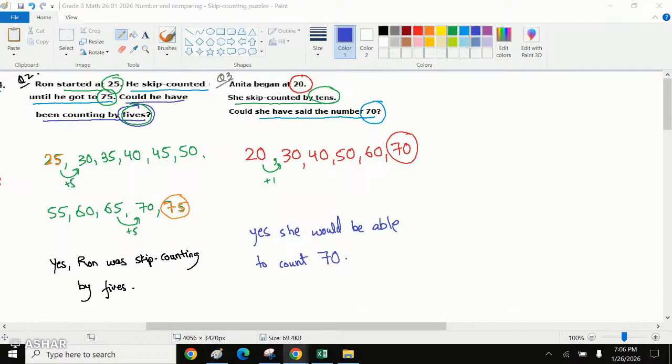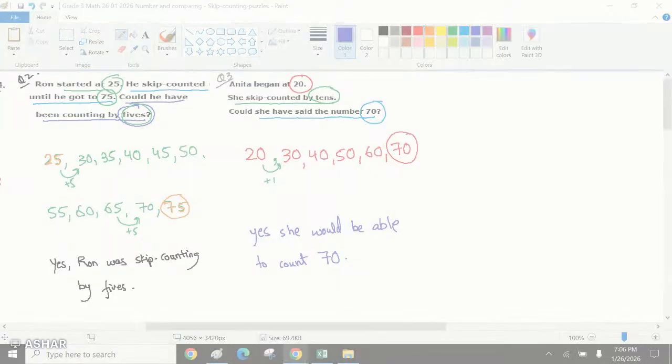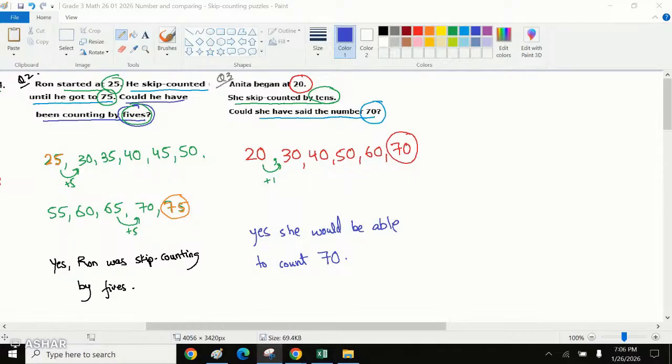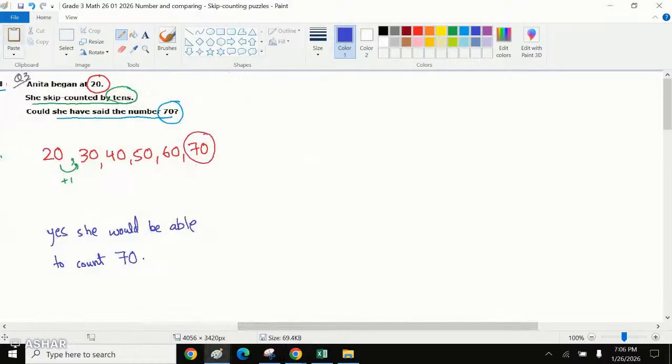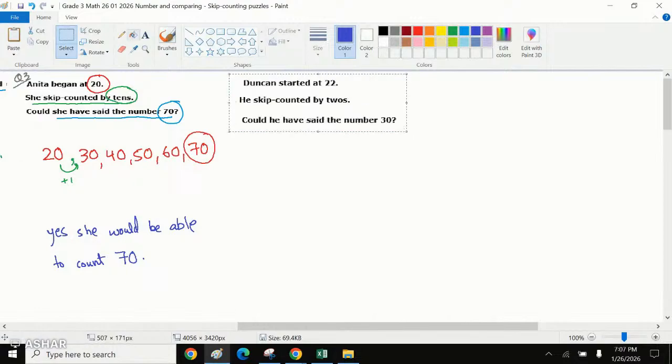For the next question, Duncan begins at 22. If he skip counts by 2, could he have said 30 as a number? Question number 4.